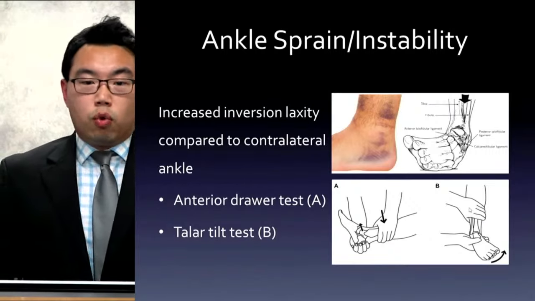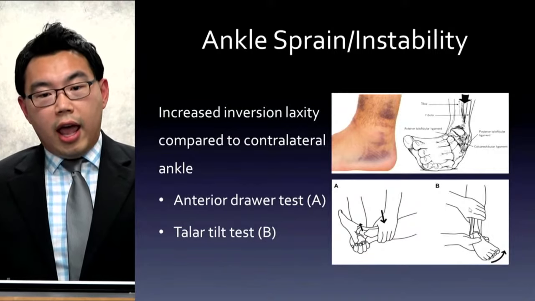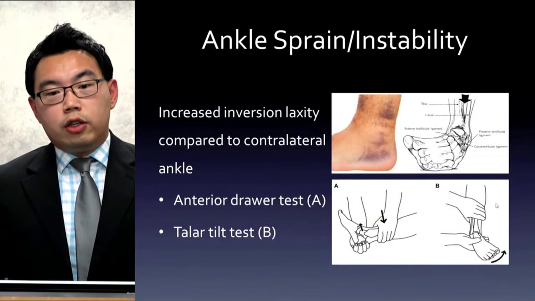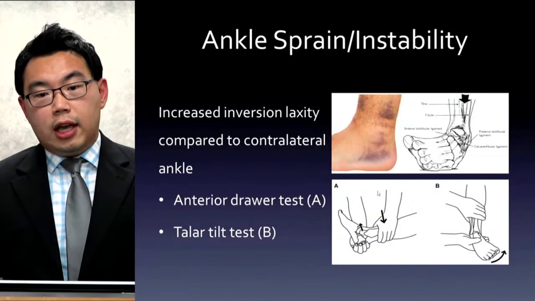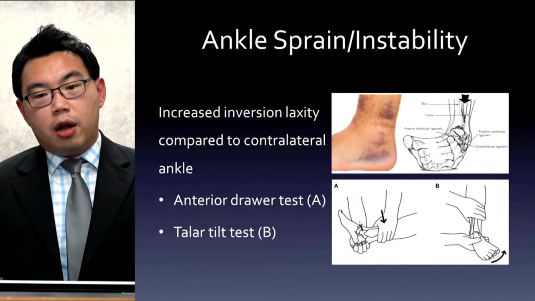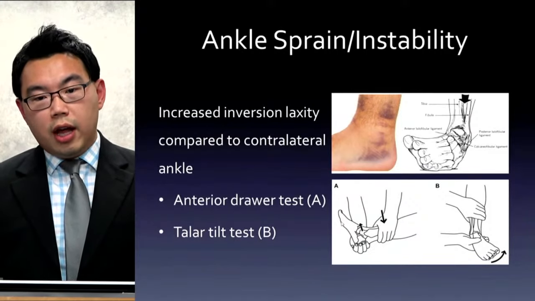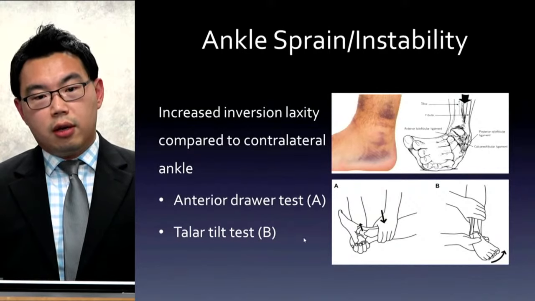One is called the anterior drawer test, pictured on the right under A. What you're trying to do is stress the ATFL, by putting an anterior pressure on the ankle and posterior pressure on the leg, to see if you have a gross translation that is different from the contralateral side.